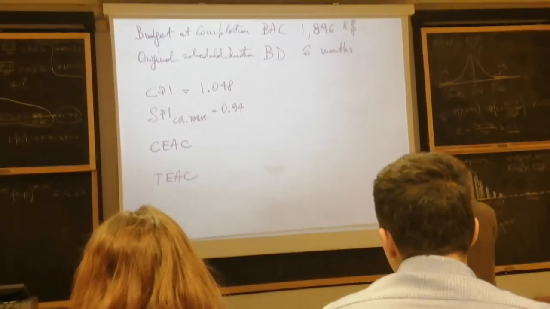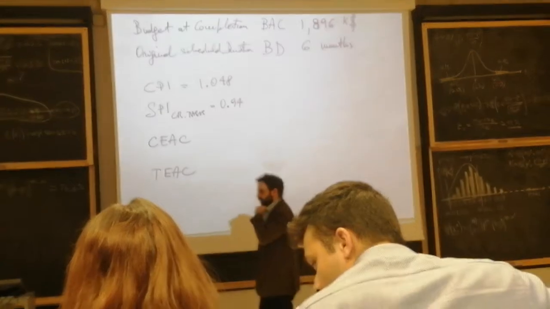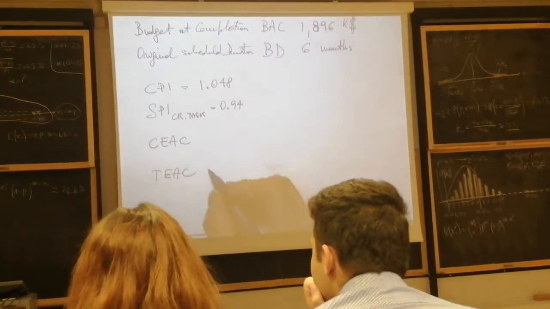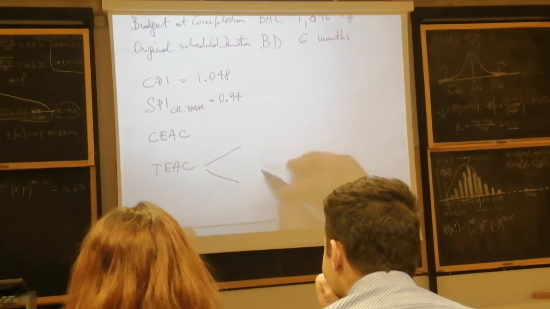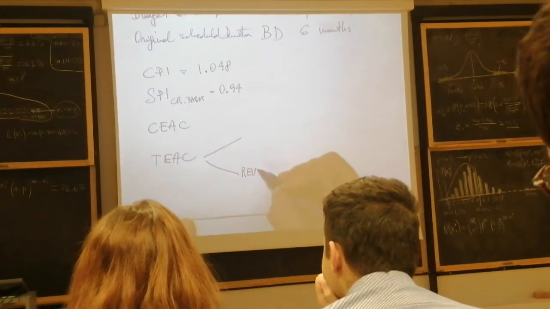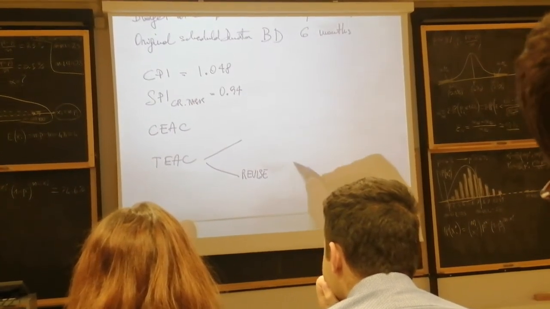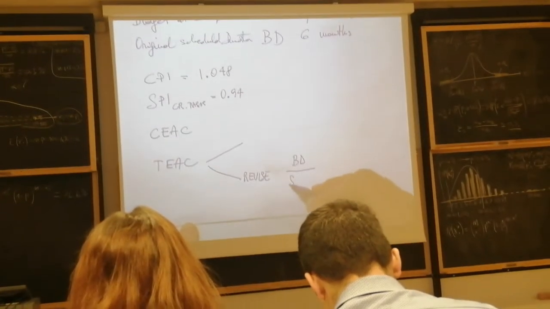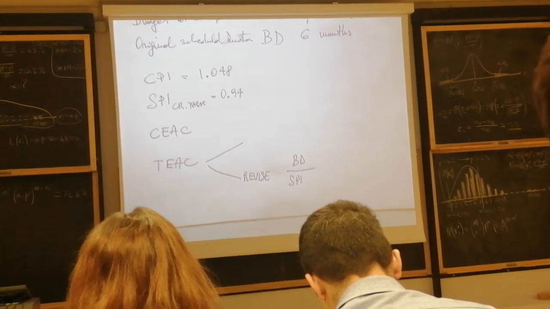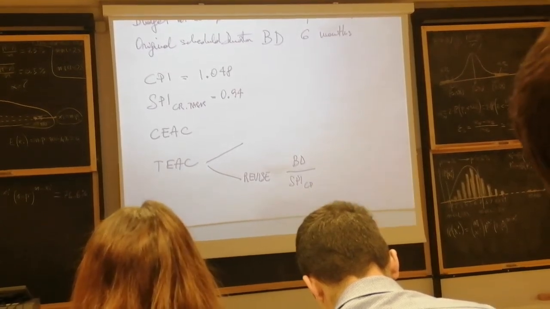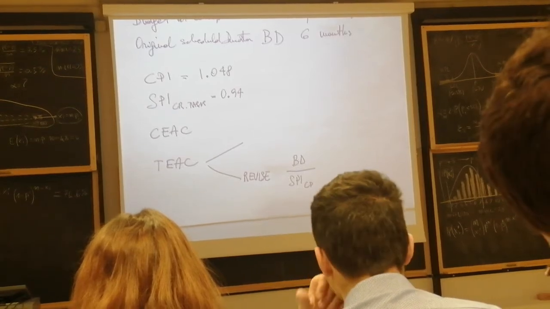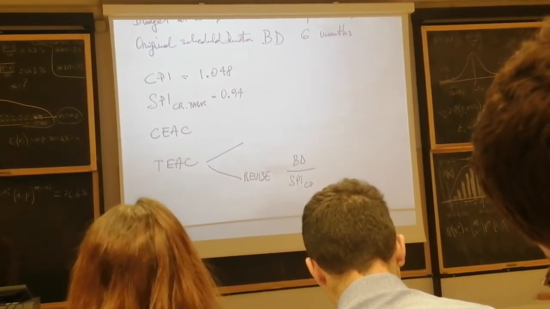So the time estimate at completion in a revised approach is the original duration, the budgeted duration, over the schedule performance index of the critical path. Only the critical path at the time of the monitoring activity.